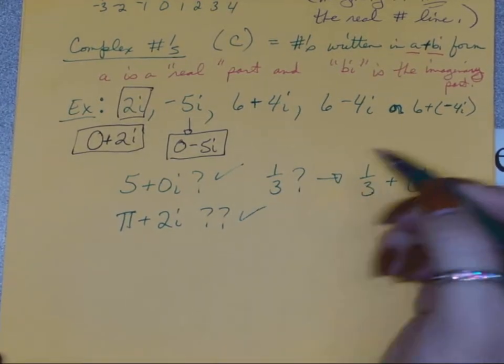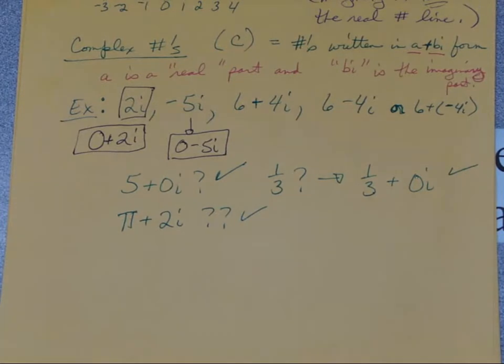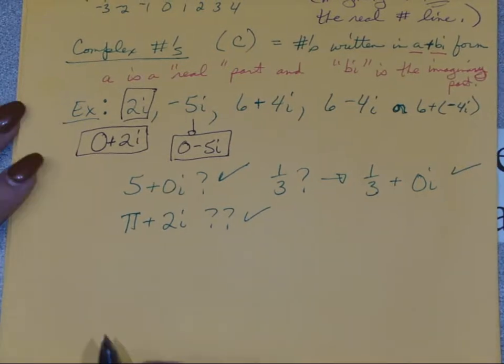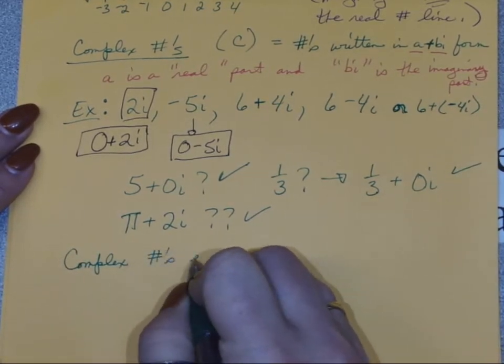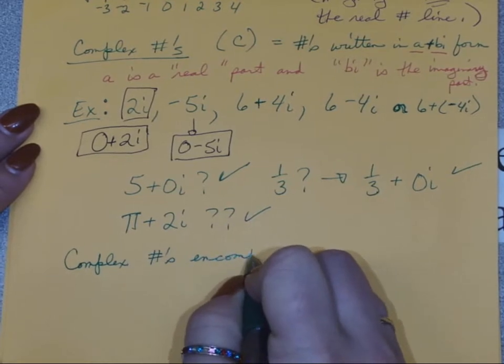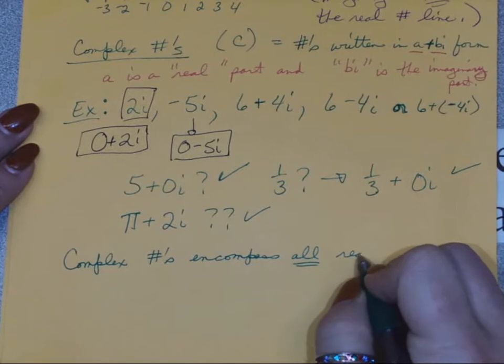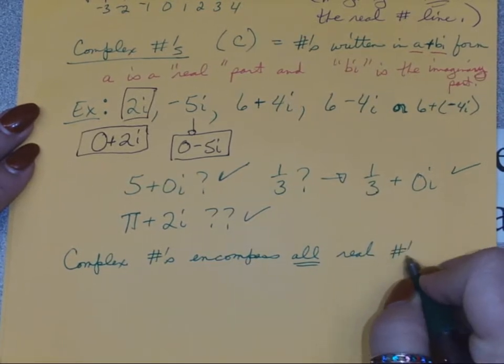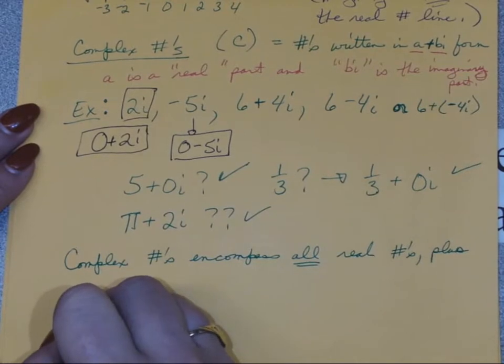So absolutely that'll count. So all of these things end up being complex numbers. So what does that tell me? It says to me that anything, let's put it this way, complex numbers encompass all real numbers plus imaginary numbers.